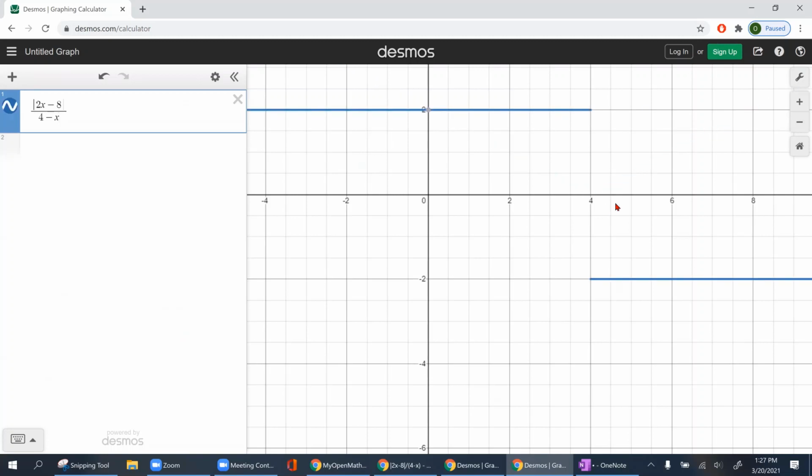We see here that as I'm approaching 4 from the left, it gets close to 2. But as I'm approaching 4 from the right, it approaches negative 2. Very, very nice.